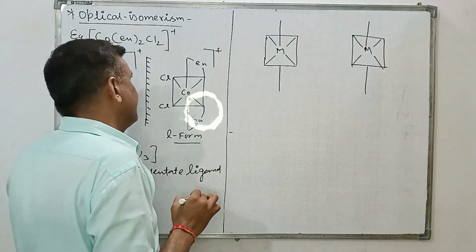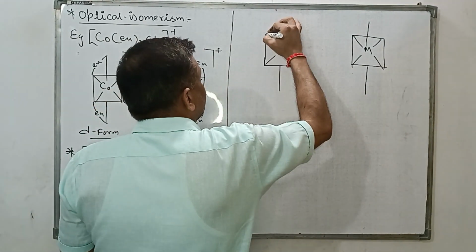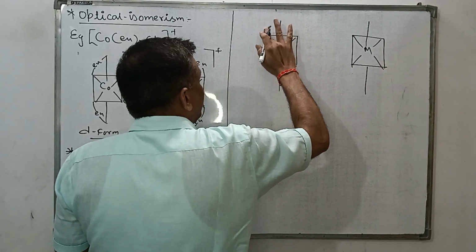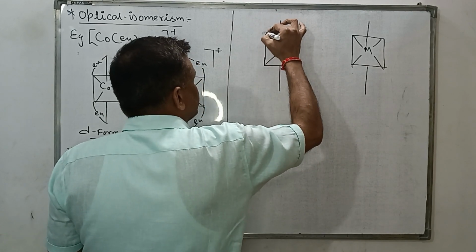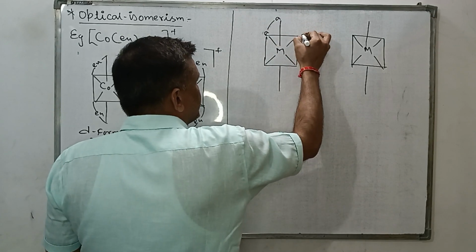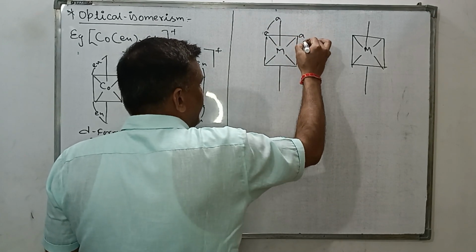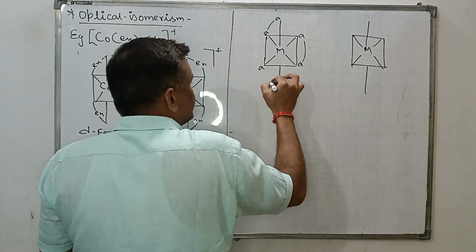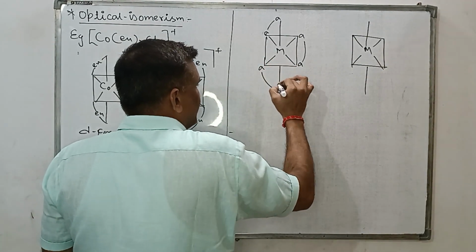Now it's time to show the ligands. We can keep A–A over here like this. This is the A and this is the A, a bidentate ligand. This is your A and A bidentate ligand.